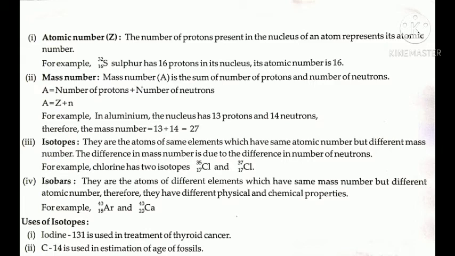Uses of isotopes. Iodine 131 is used in treatment of thyroid cancer. C14, carbon 14, is used in estimation of age of fossils.